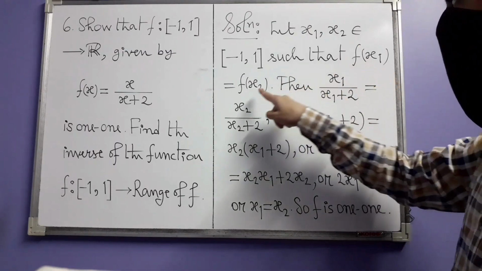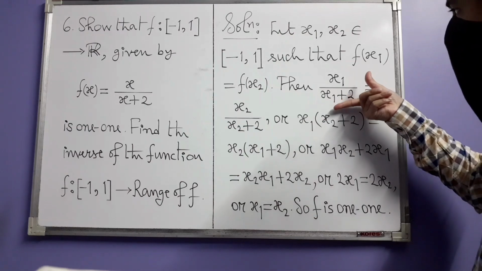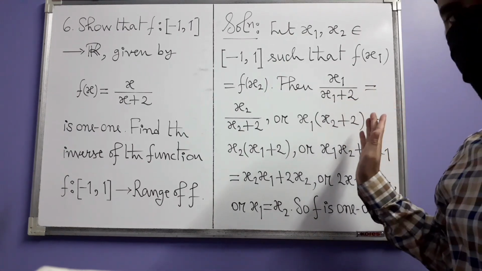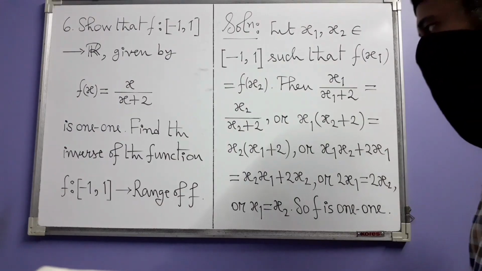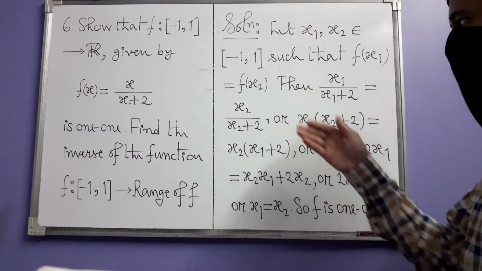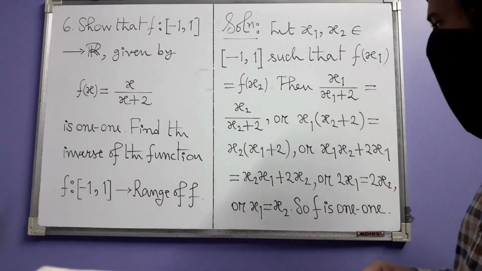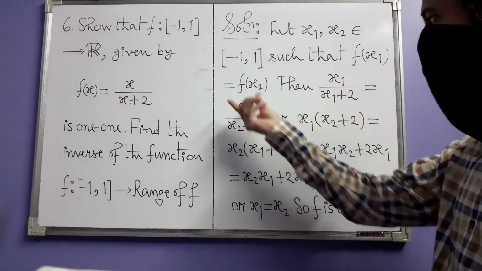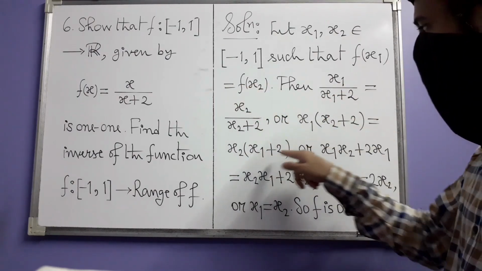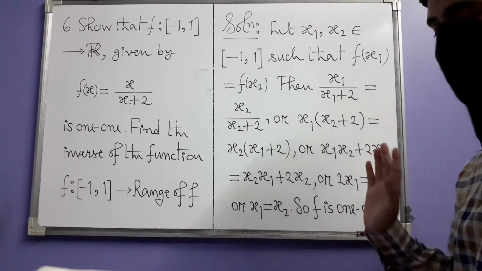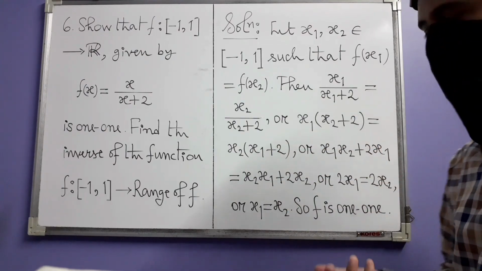f of x1 is equal to f of x2. This is f of x1, x1 divided by x1 plus 2, and f of x2 is x2 divided by x2 plus 2. And then after cross multiplication, you get x1 times (x2 plus 2) is equal to x2 times (x1 plus 2). Then you do the multiplications.